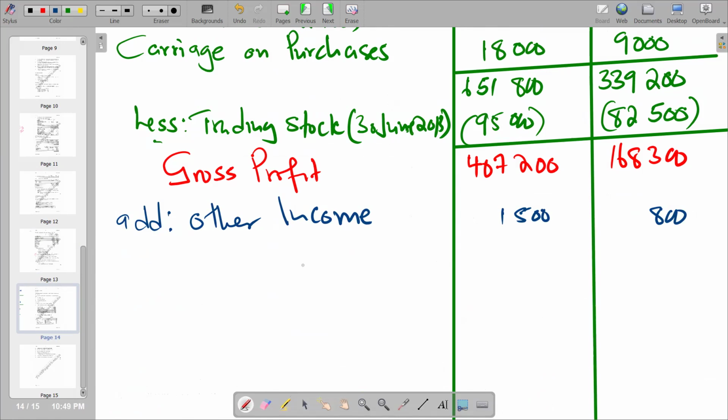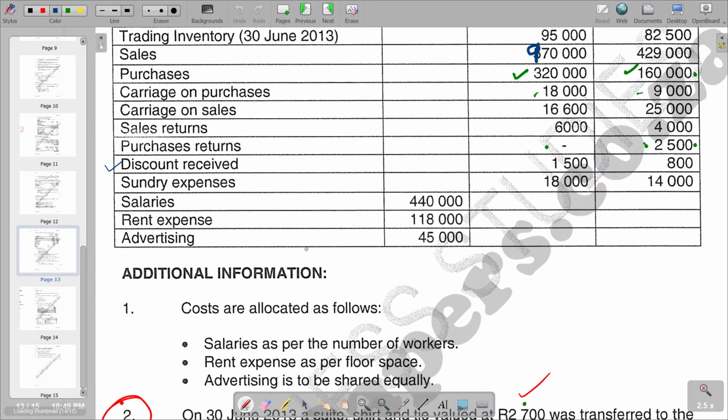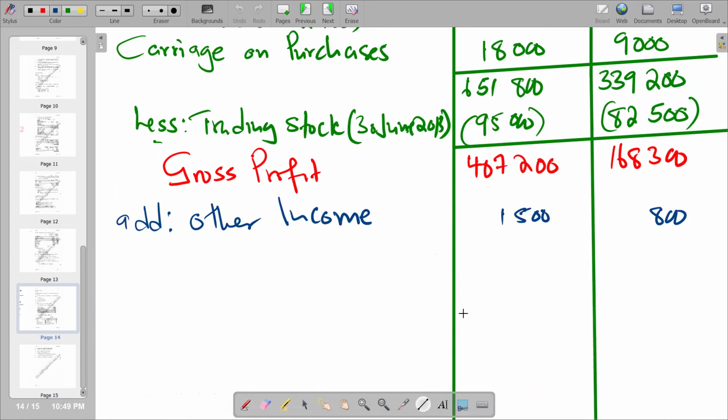So this is what we have for this part. We'll check if we still have any other income there. But we are going to notice that, according to what we have, we do not have any more other income. So we can close add other income, which is 1,500. Remember, we've identified it as discount receipt.